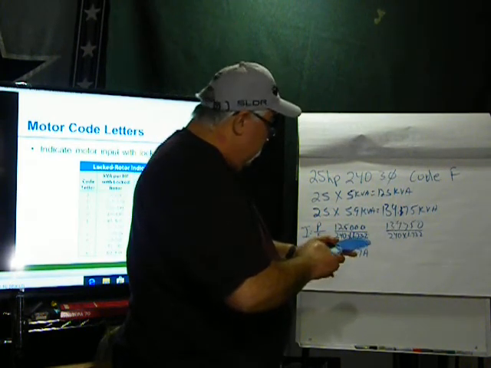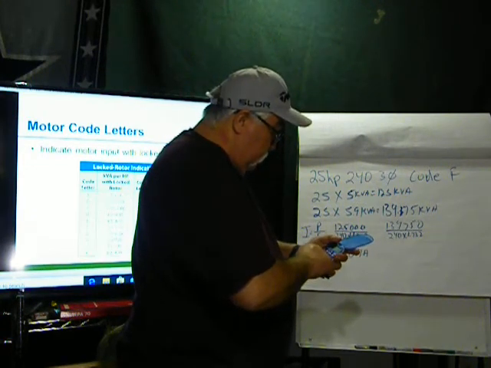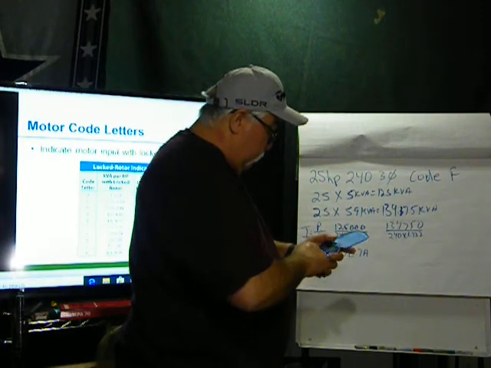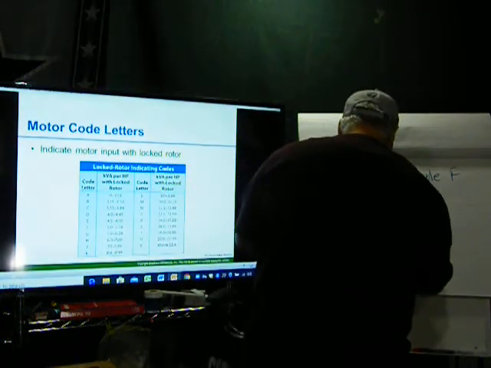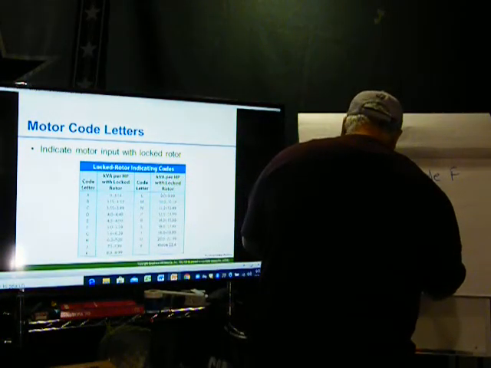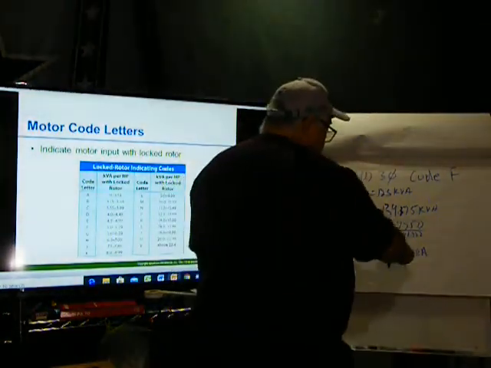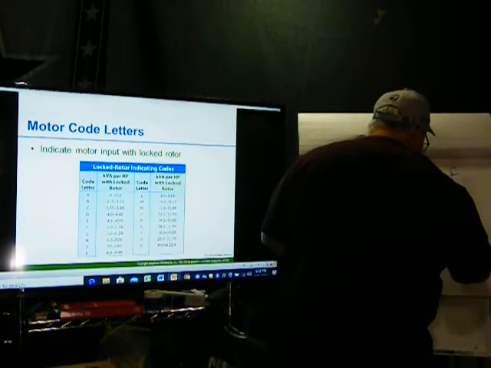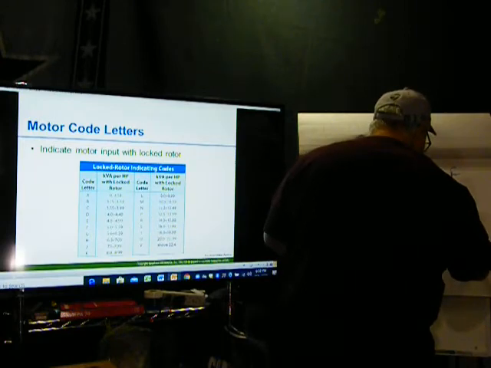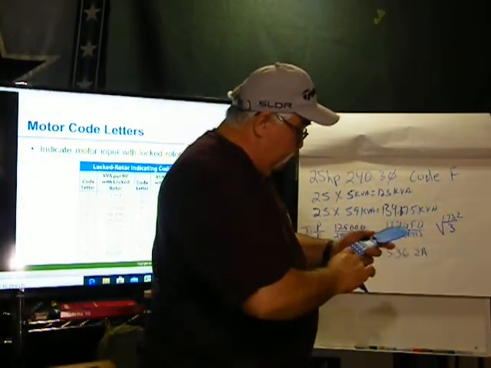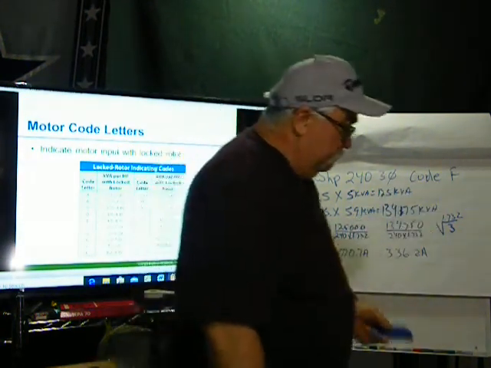Oops. I hit the wrong number there. 139,750 divide 240 divide 1.732 equals 336.2 amps. Okay. How to get that 1.732? Square root of 3. Now on your calculator, hit 3, hit square root, and there's that 1.732.